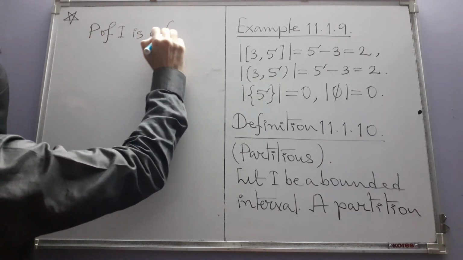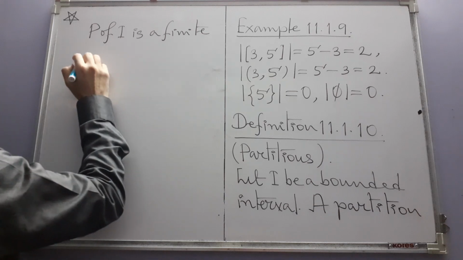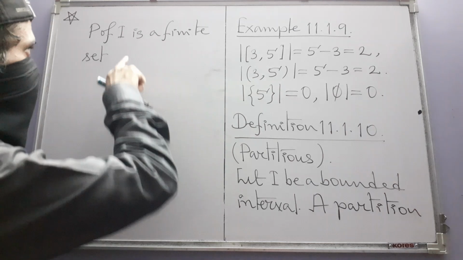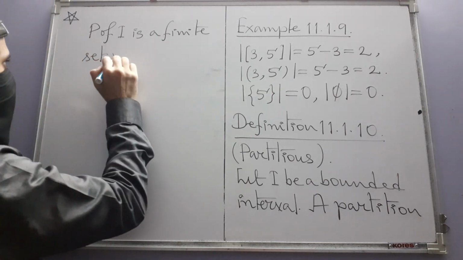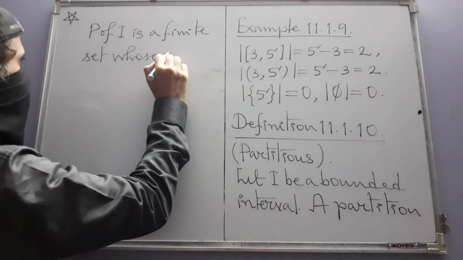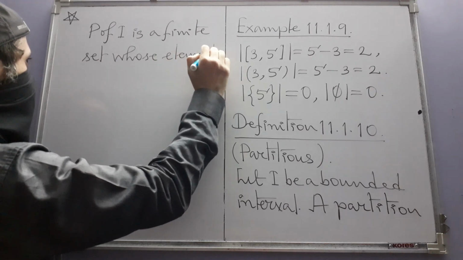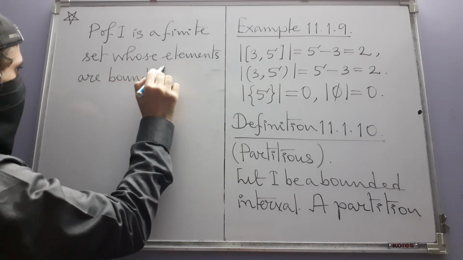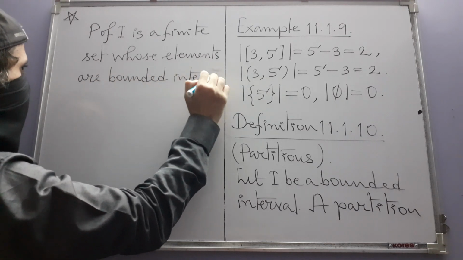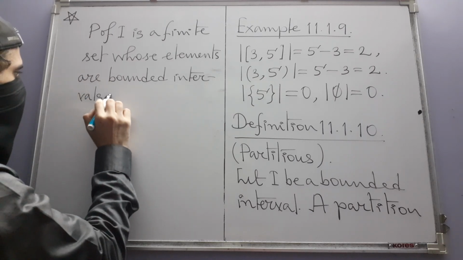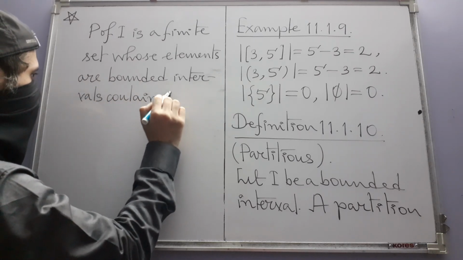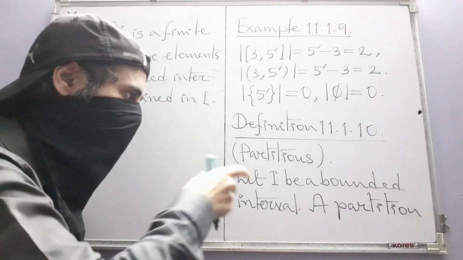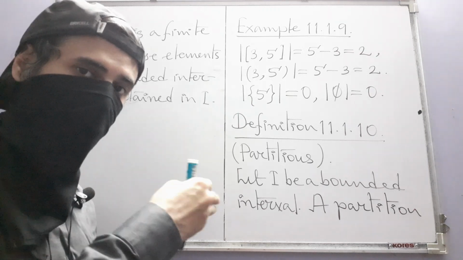is a finite set. Each condition is going to be important. Okay, P is a finite set whose elements are themselves bounded intervals contained in I. That means P is a finite set consisting of some bounded intervals.